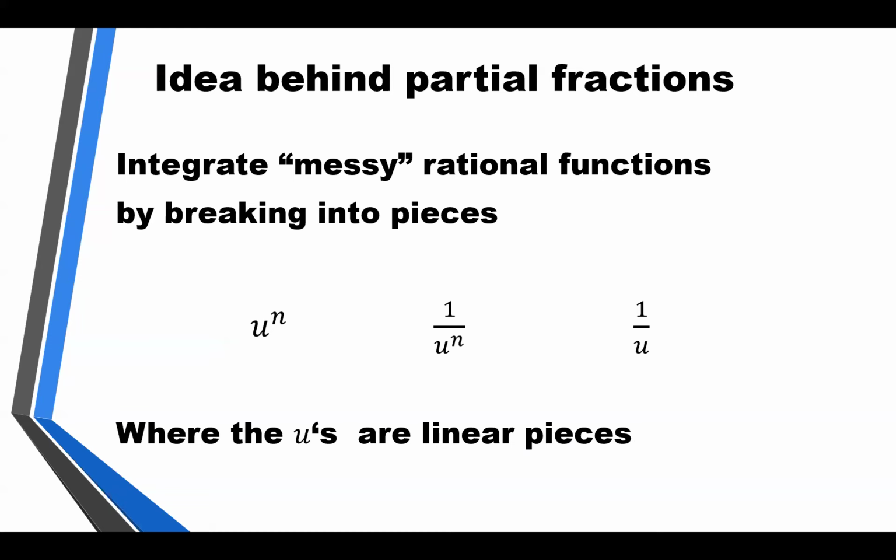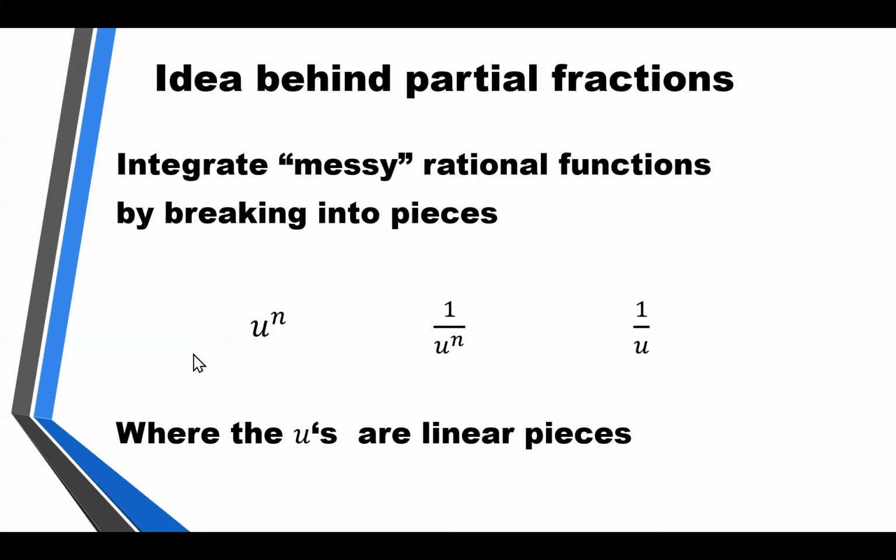Now, the idea behind partial fractions is we're going to start with messy looking rational functions that we want to integrate. And then we're going to break those into nicer looking rational pieces.